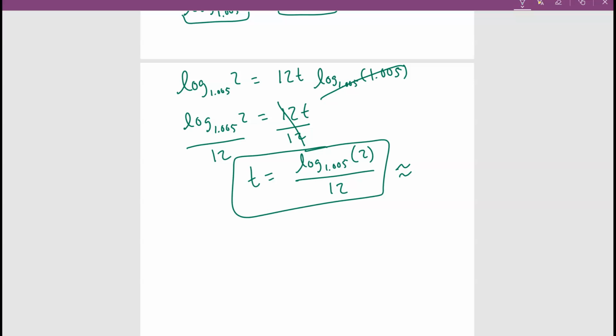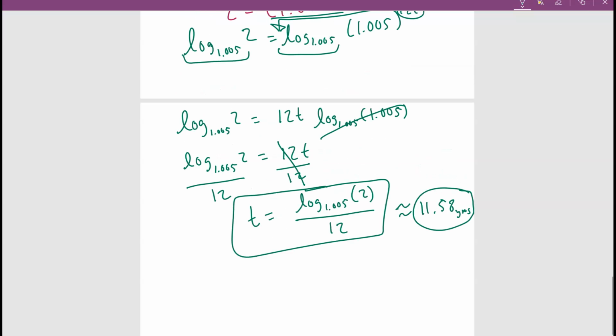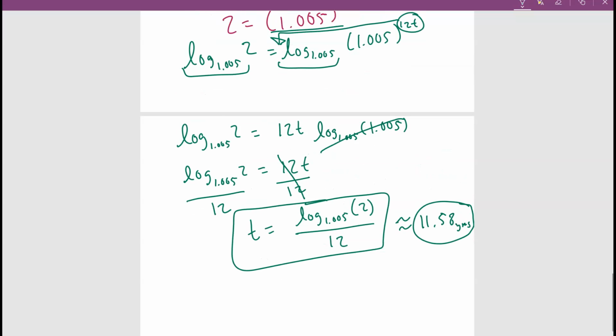So that's going to be log base 1.005 of 2 divided by 12, and I got 11.58, and this I think is in years. So if I want my money to double with that particular interest rate, I have to wait 12 years. Well, 11 and a half.